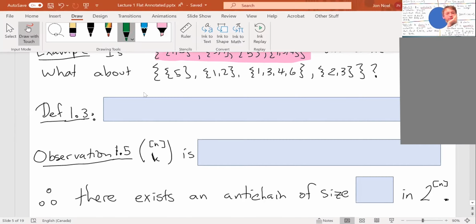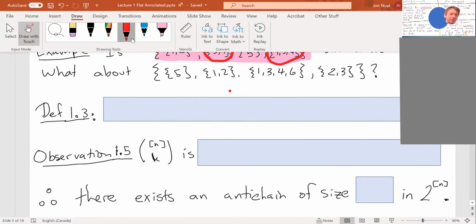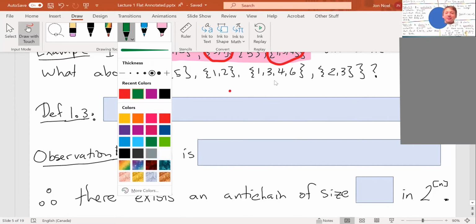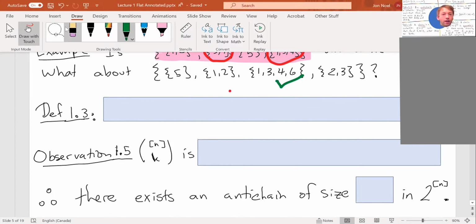Right, that's the problem. {3, 4} is contained in {1, 3, 4}, so that's not an antichain. But if I look at this one, {5}, {1, 2}, {1, 3, 4}, {6}, {2, 3}, that looks good. Obviously, if I give you 2 examples, one's going to work and one's not. This one is an antichain. If you check all the pairs, you can see that none is contained in the other.